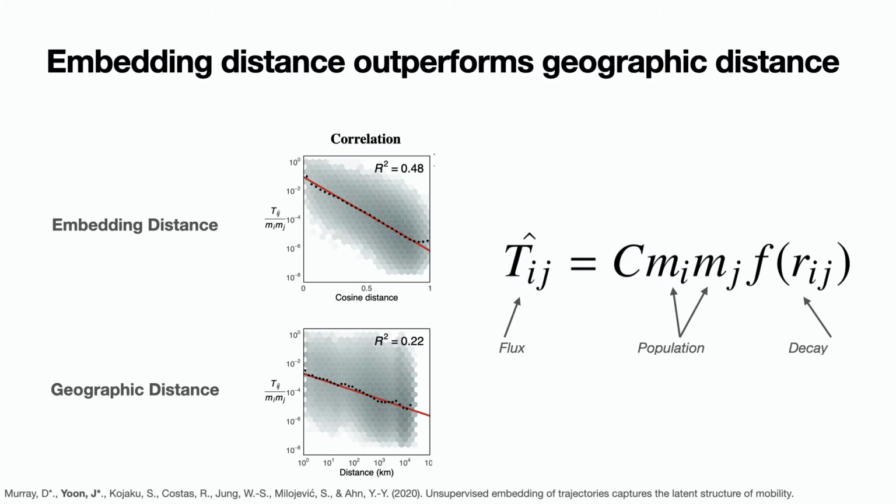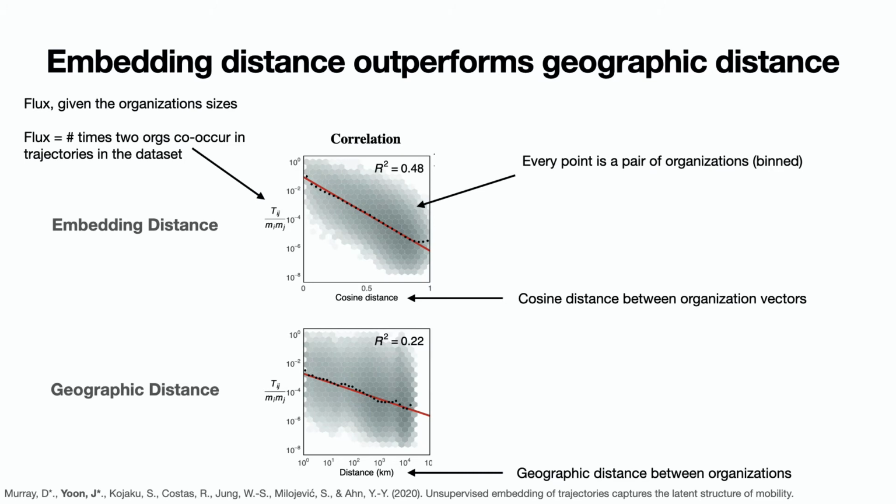Embedding distance outperforms geographical distance and offers a functional distance between organizations. In here, Tij is the number of times two organizations co-occur in the trajectories, and population Mi is the total number of scientists of each organization. Because the flux and population are given from the dataset, we can easily fit the gravity model using each distance measure.